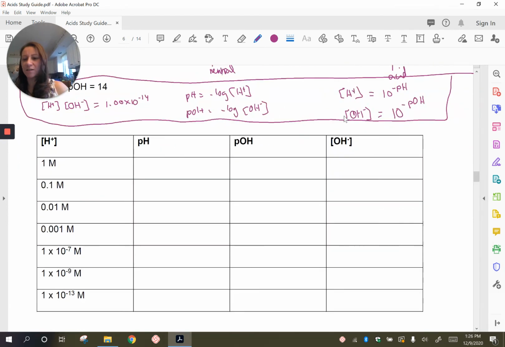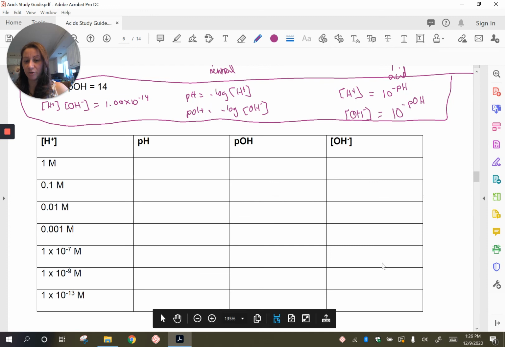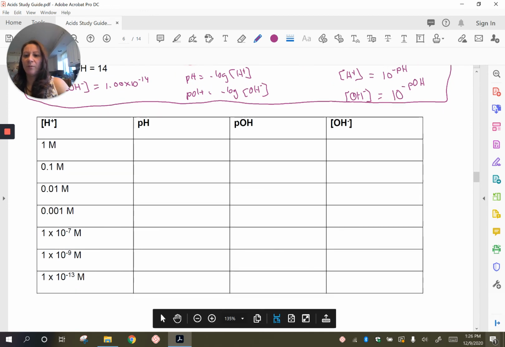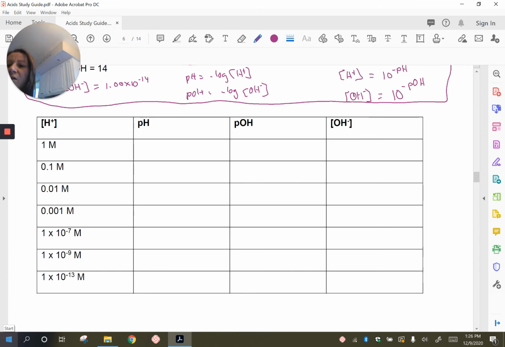Before we do that, let's fill out this table to look at different substances. If I have a solution with an H plus concentration of 1 molar, the pH of that is going to be 0, right? Negative log, so this is the same thing as 1 times 10 to the 0.